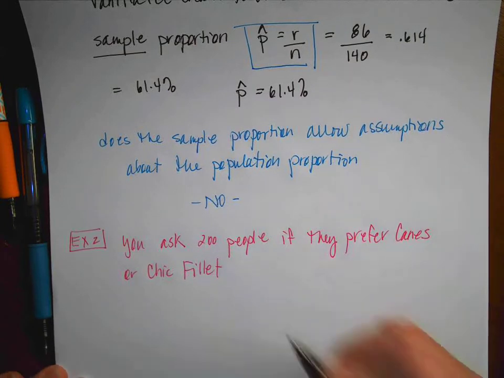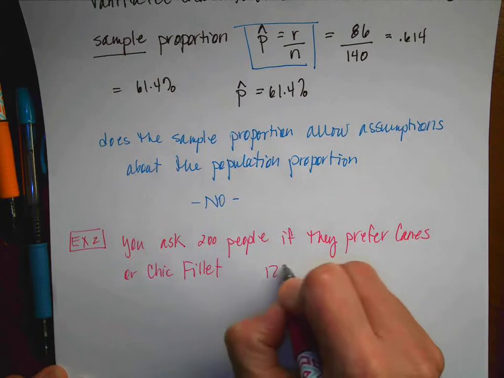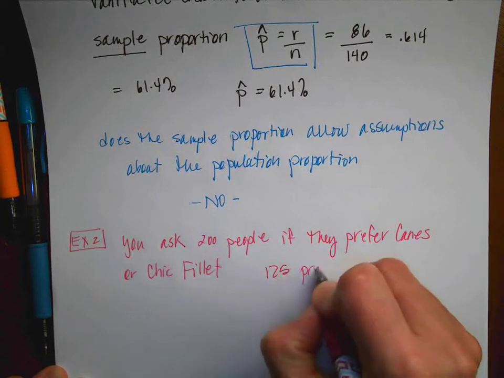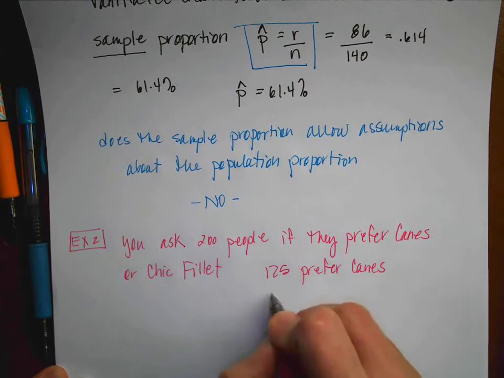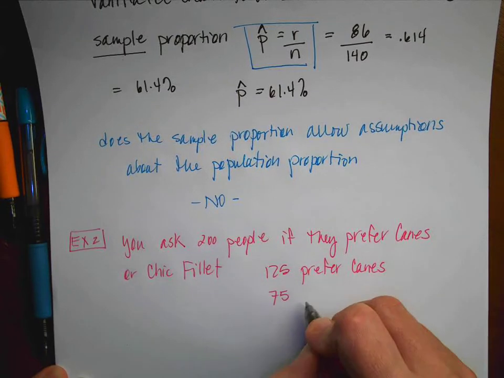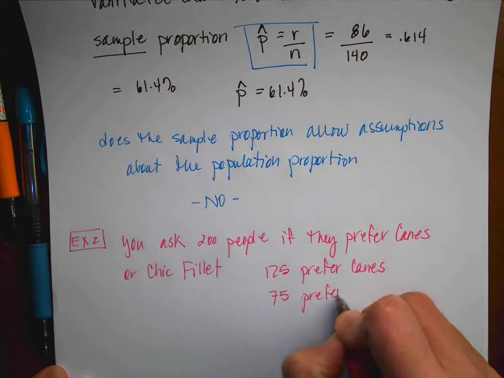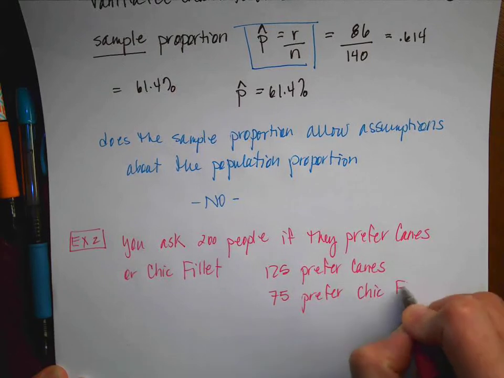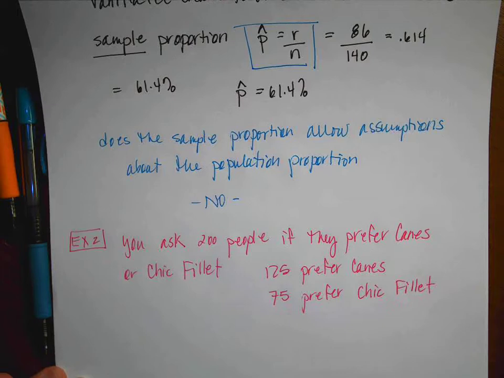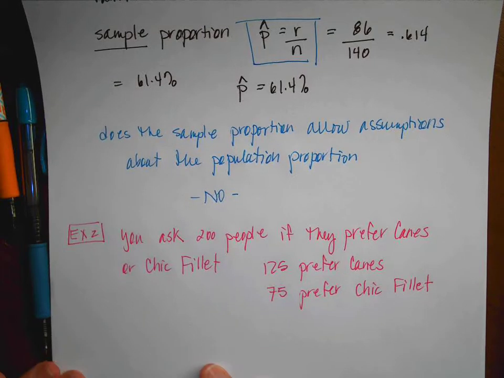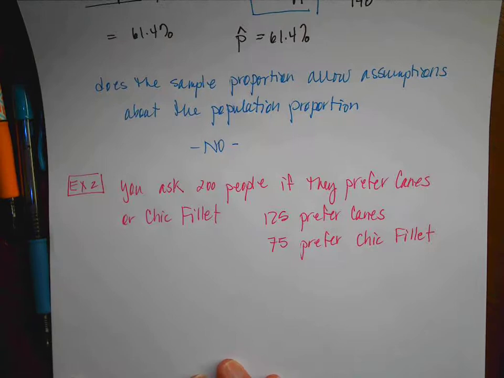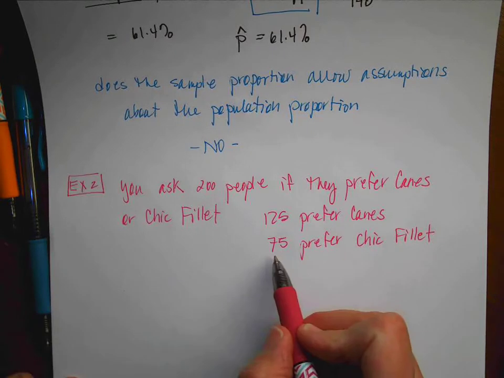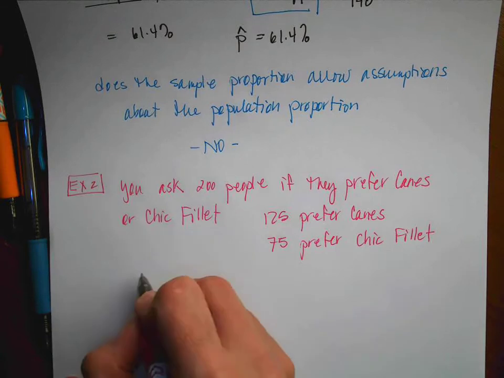And I love things equally about both. 125 people are going to prefer Cane's, and then I'll make an observation about this in a moment. And then 75 are going to prefer Chick-fil-A. So please don't take these numbers to be accurate. I completely made them up. So I was just thinking of the Flag High population and what I see when you come back from lunch and what facts you have.